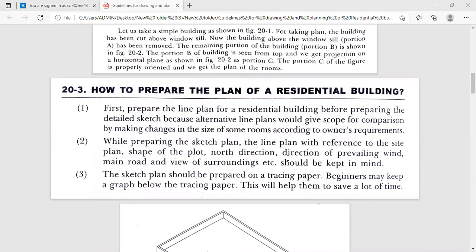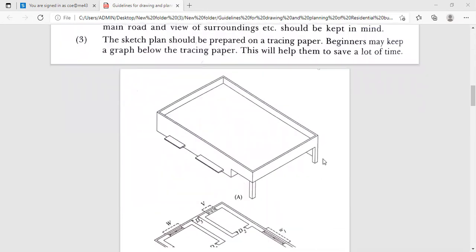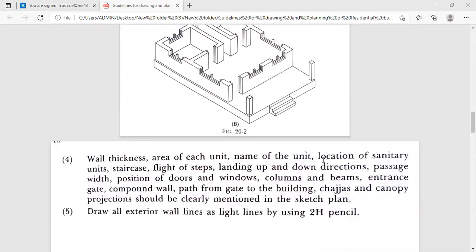Due to that, you can prepare that sketch plan within a limited time. Due to the use of graph paper, your time will be saved, so that thing also we have to consider.